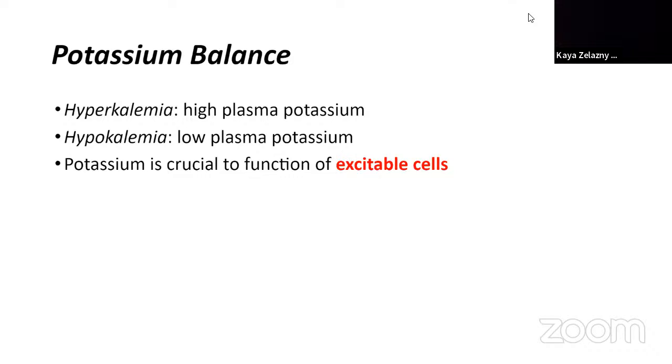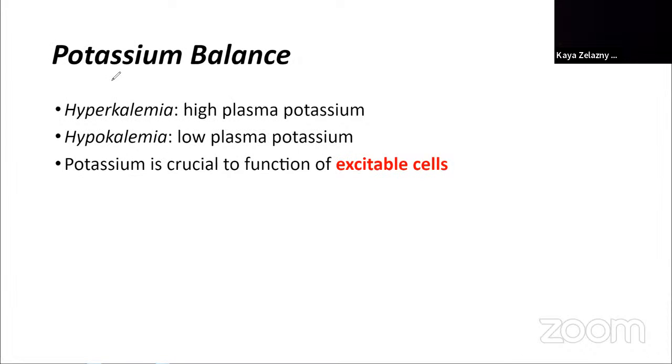Again, I am not going to put this on your exam because I think I gave you enough example type questions, but you just may see these words in a clinic at some point in your life. So potassium balance also exists. It's pretty much the opposite of sodium balance.